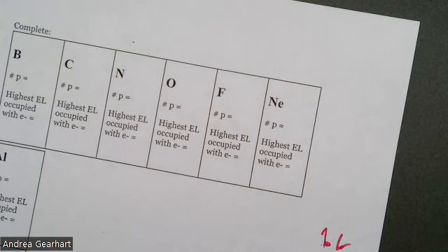Again, there's method to the madness. These are for you to keep. I'm going to collect the T one. It all makes sense. Okay.